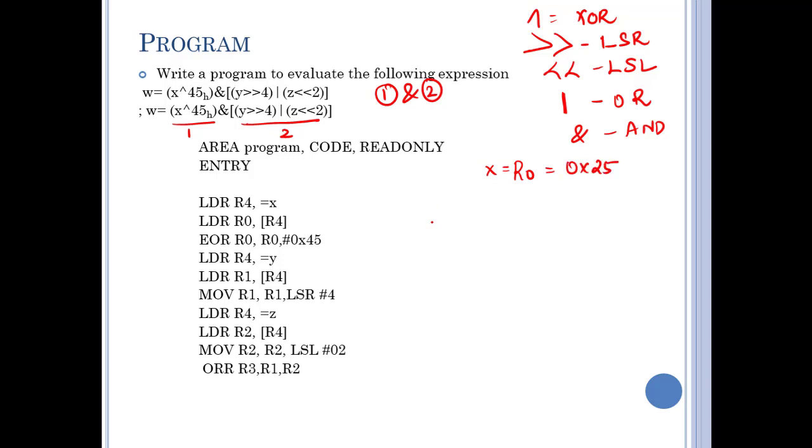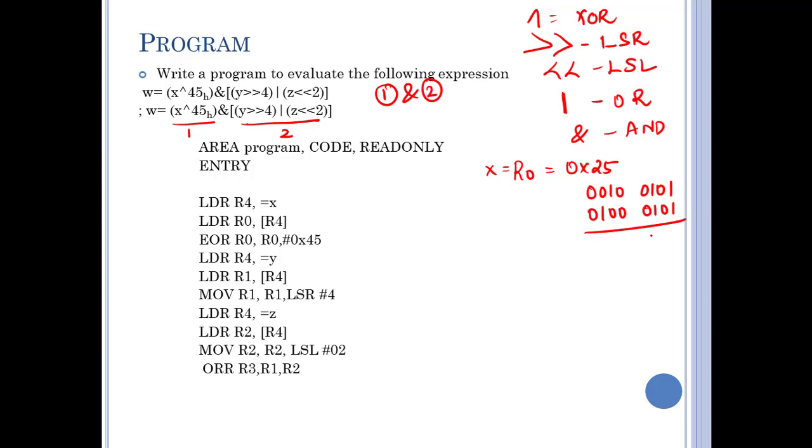Now again, what you need to do with the first operand x? You need to AND this with 45. Sorry, it is XOR. It is not AND, XOR. So XOR this with 45. So 0010 0101, and 45 is 0100 0101.